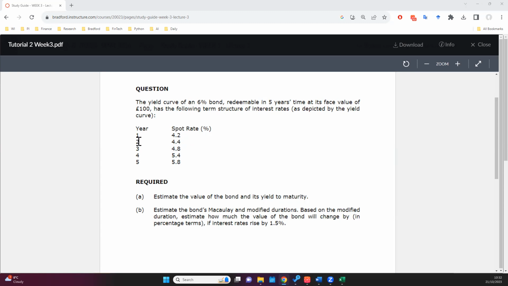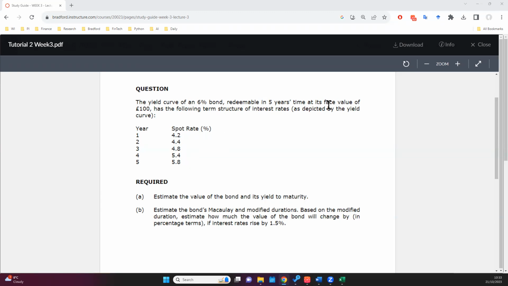And if you have a zero coupon bond with a time to maturity of 2 years, its yield to maturity is 4.4%. And remember, zero coupon bonds are bonds that do not pay any coupon. As an investor in those bonds, you just receive par value at maturity.